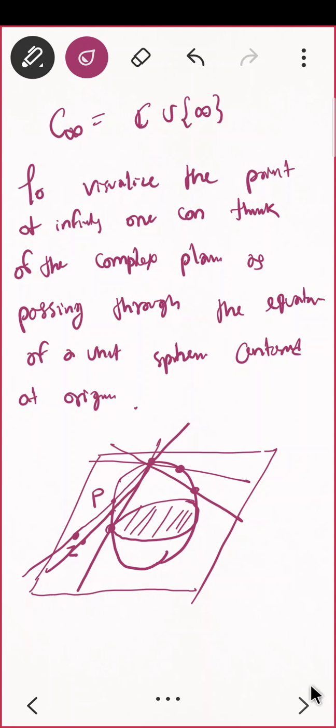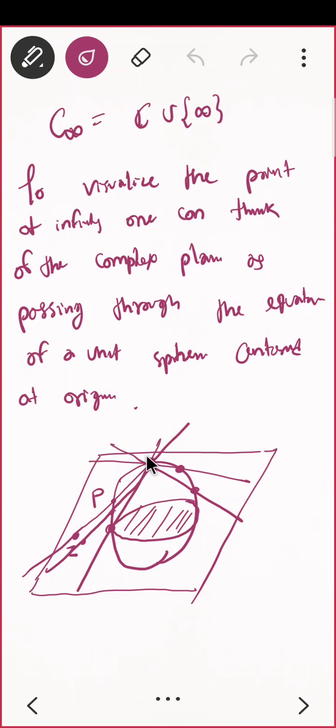That means, let me just write it first. To each point in the plane there corresponds exactly one point P on the surface of the sphere.